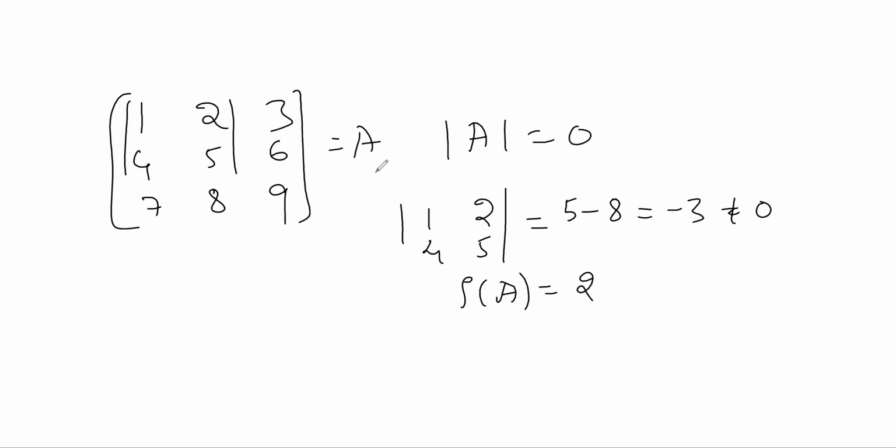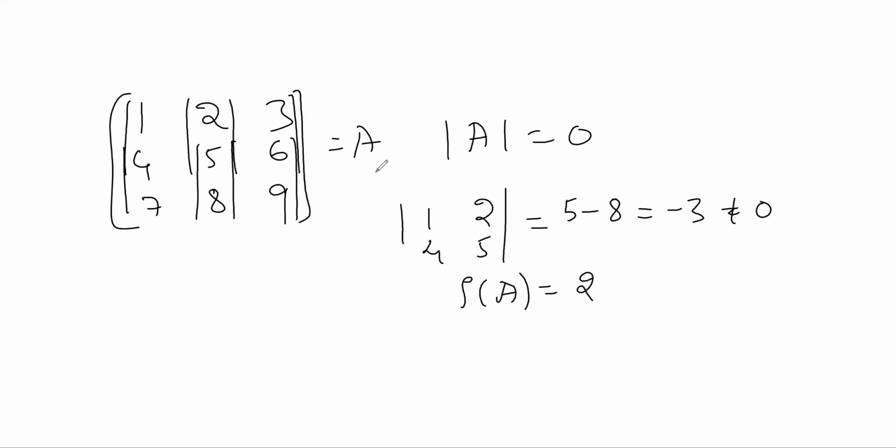In the same way, in case the first 2 by 2 determinant is 0, then you go through the second option: 2, 3, 5, 6. If this is also 0, then you go through 4, 5, 7, 8. If this is also 0, you check 5, 6, 8, 9, and then 1, 2, 7, 8, and then 1, 3, 6, 9.